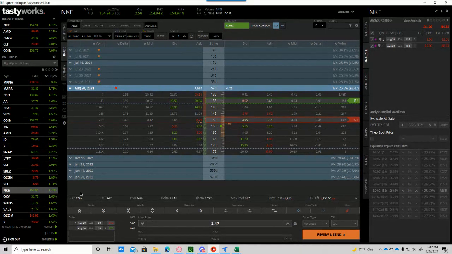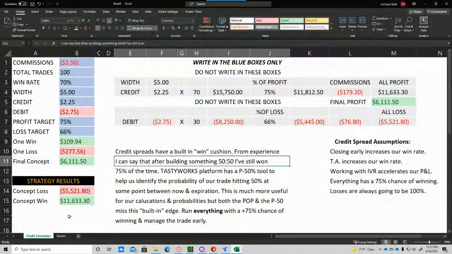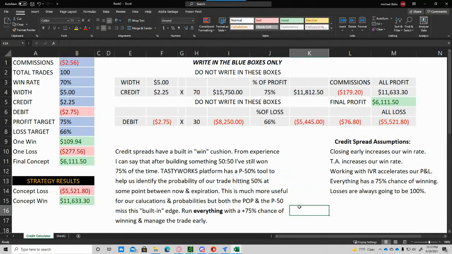But we also have to be really careful about those small trades. It mainly comes back to the math that says in a very small account, putting on the smallest trade possible, if we're putting on a 50-cent wide credit spread and we're collecting, say, $22 in credit, commissions take $2.